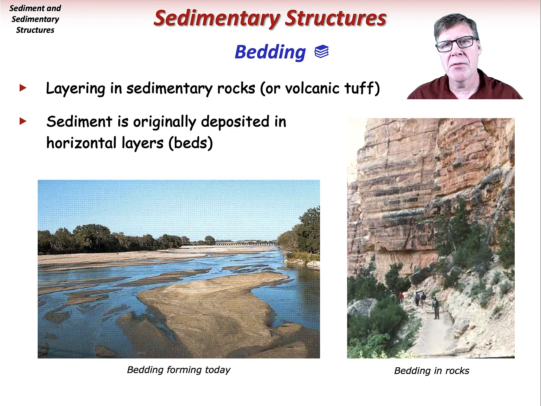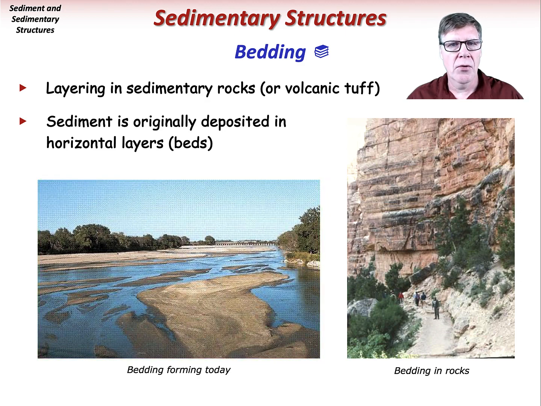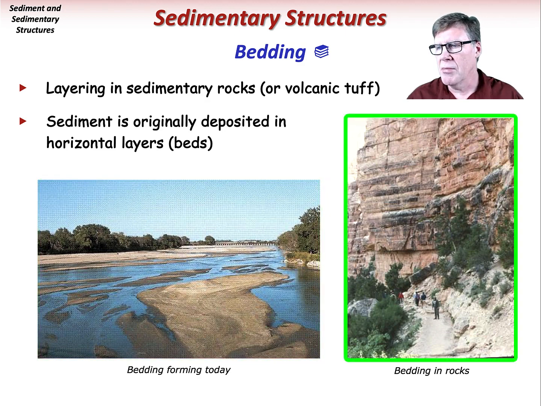If you see consistent parallel layering in an outcrop or cliff face, especially if it's not steeply tilted, it's probably bedding that you're looking at, and the rock is likely sedimentary or volcanic tuff. We can see bedding forming today, like in this stream, and we can infer similar processes formed bedding in rocks that are millions of years old, like the 270 million year old Kaibab Formation in the Grand Canyon.